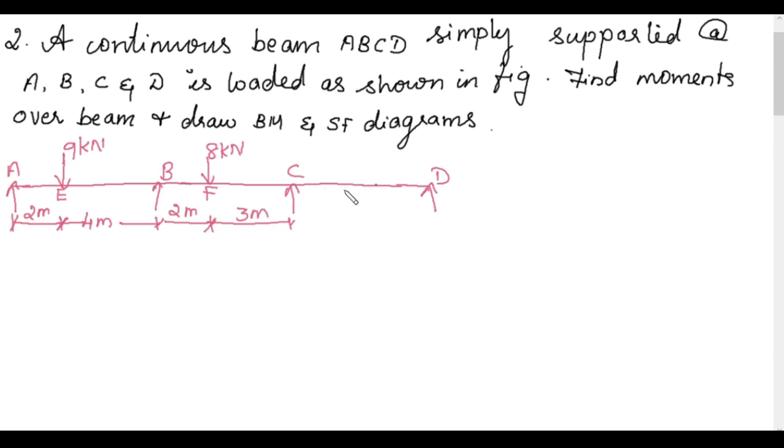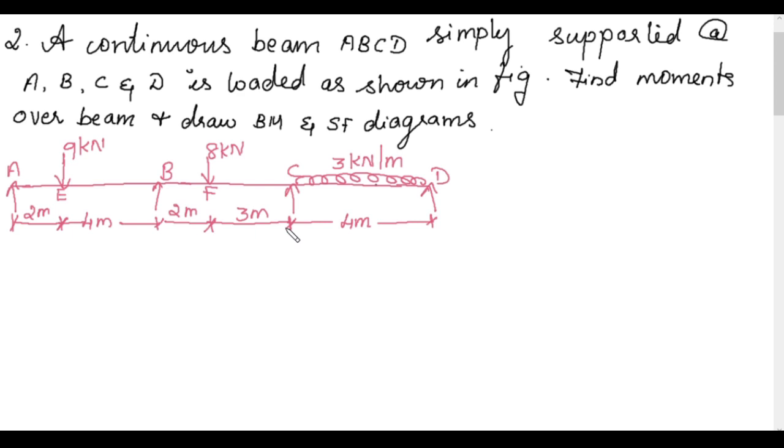Now the span CD carries a UDL of intensity 3 kilonewton per meter and the span length CD is 4 meter. So this is our given question. We need to analyze the beam and we have to draw the bending moment and shear force diagram.